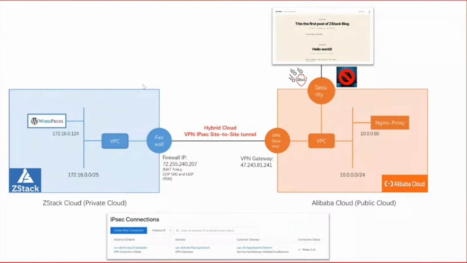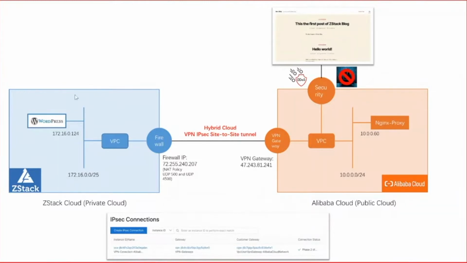And then in the ZStack, we have built and installed a WordPress and put it into a VPC router. And in our environment, we have a firewall to control the network in the Hong Kong office. And in this case, we have set two NAT policies. One is UDP 500, and the next one is UDP 4500, to forward the traffic to the VPC and to let the Alibaba Cloud Gateway access the firewall IP address as well as the VPC.